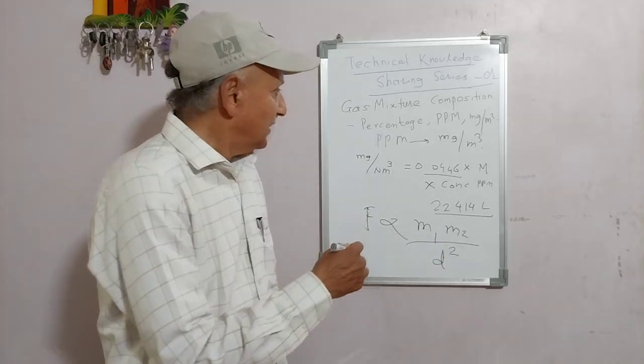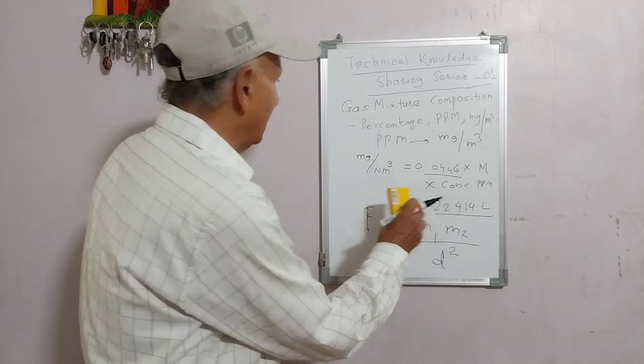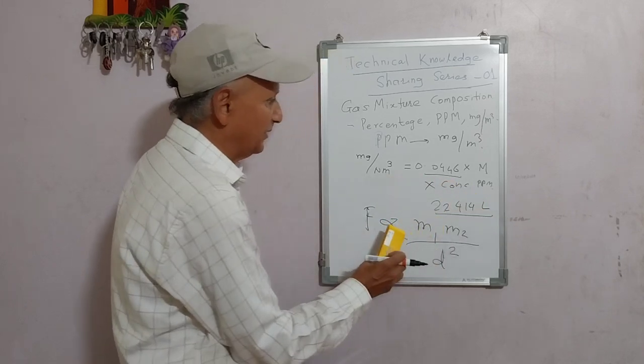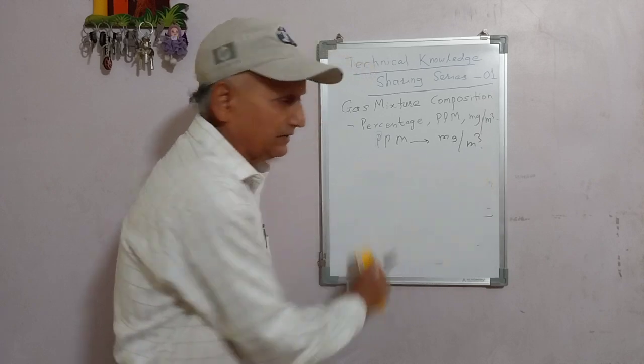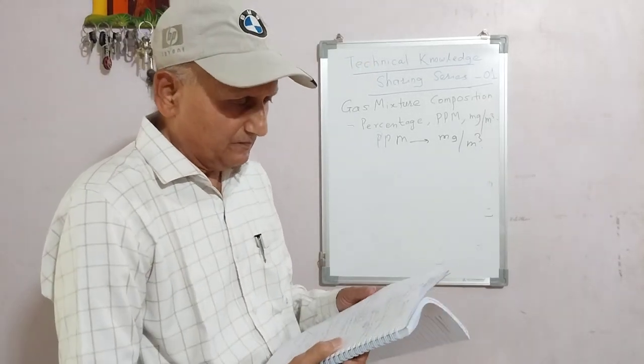Now coming to our main subject again, we have seen how to convert ppm concentration into milligram per normal meter cube. To illustrate this, we can take the example of ammonia.